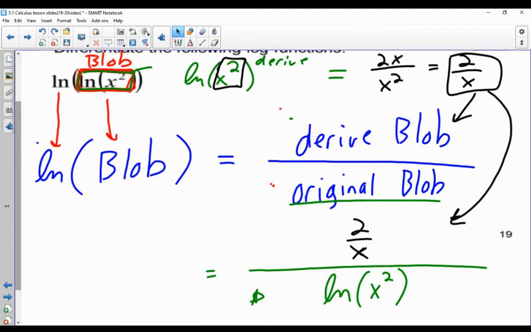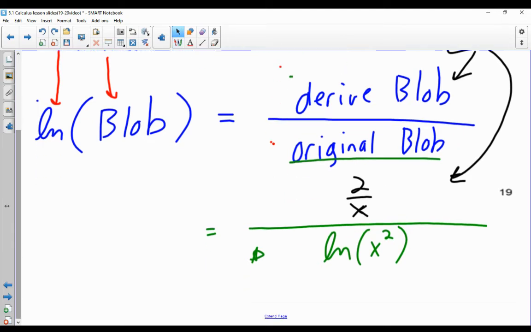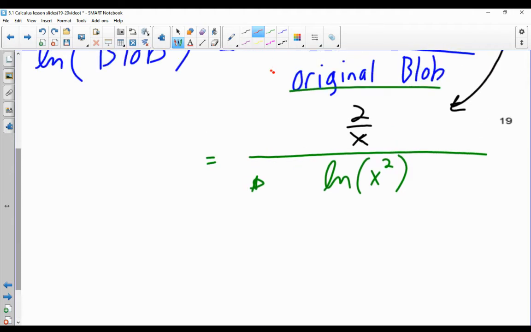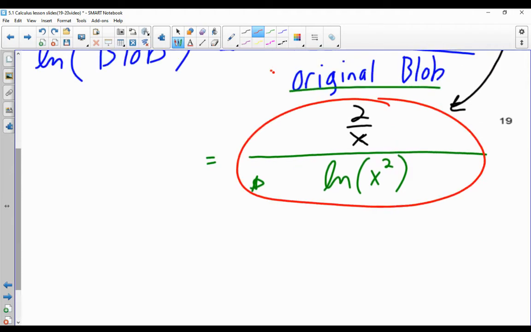So if you follow that notation, this is what our final answer should look like. Whew. Now some of you are probably freaking out. They're like, Michelle, that does not look pretty at all. We got a fraction on top of a fraction. That looks disgusting. But never fear, you can rewrite that.